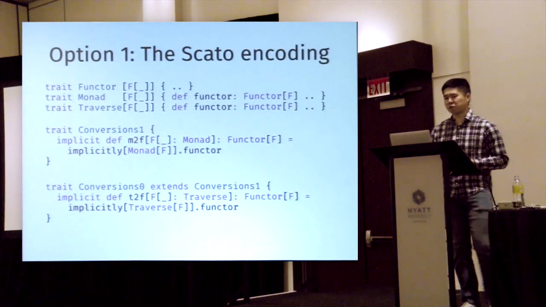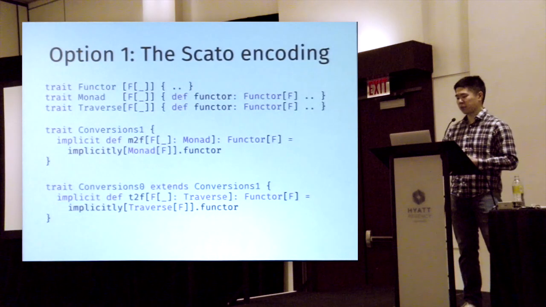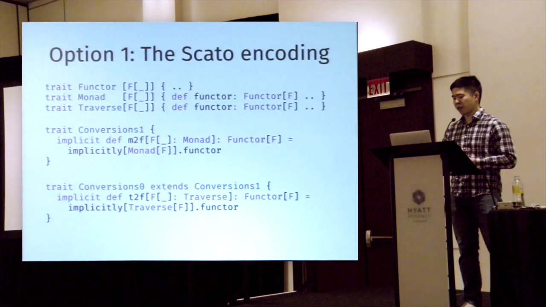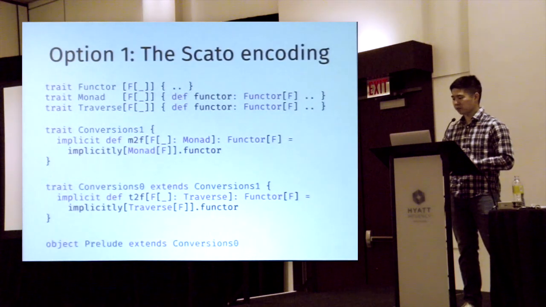And Scala implicit resolution rules will give priority to implicit conversions that are in subtypes, which means that in a context where we have traverse a monad and we want a functor, it's going to bias itself towards T2F, which is the traverse to functor conversion, because it's in a subtype relative to the trait that holds the monad to functor conversion.